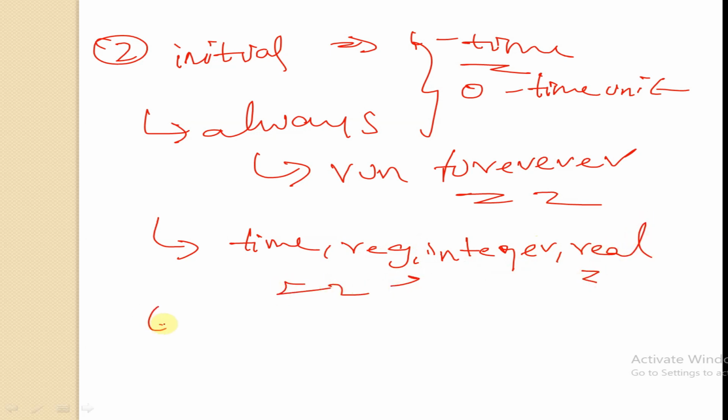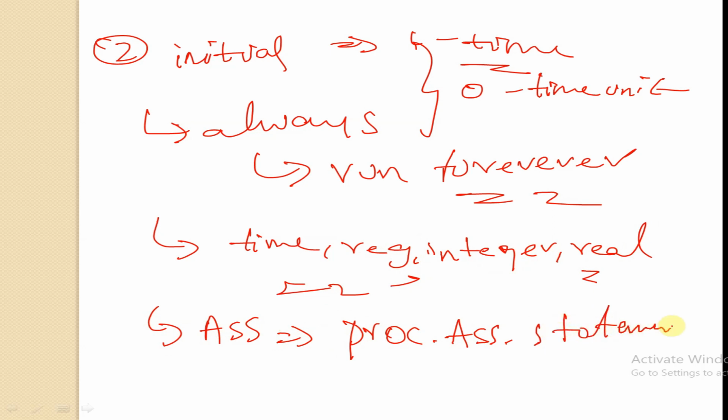So the assignments done inside these procedural blocks are called procedural assignment statements. So this is the introduction and summary to procedural assignment statements and procedural blocks. If you are having any doubt, you can ask me.